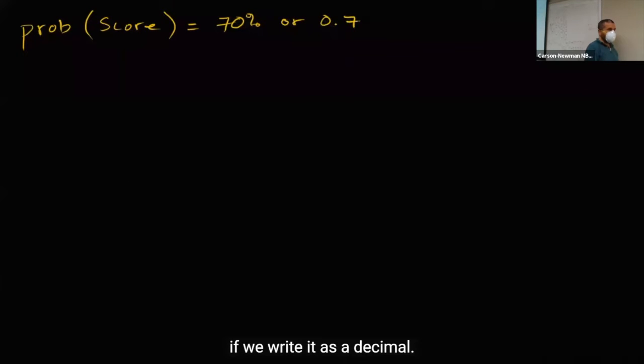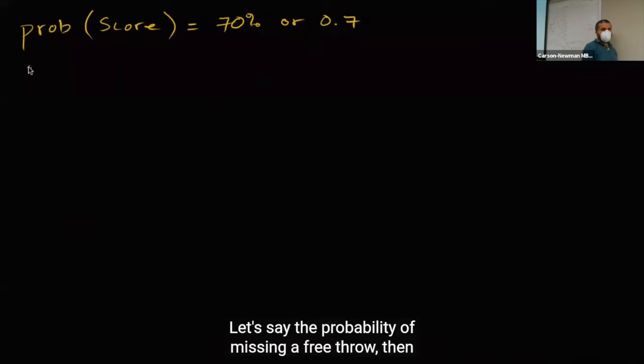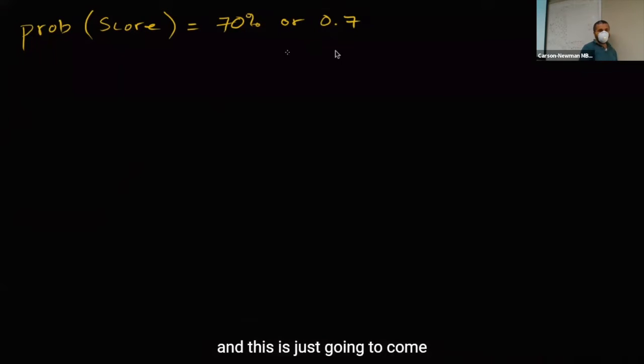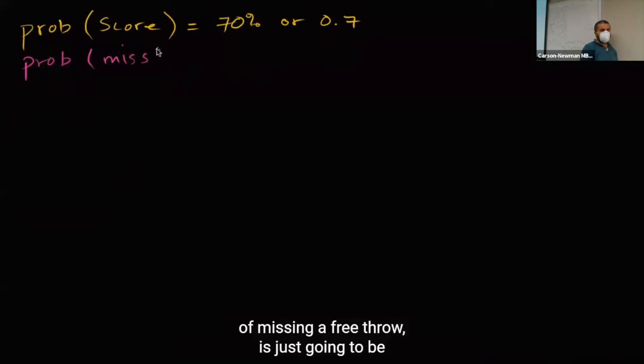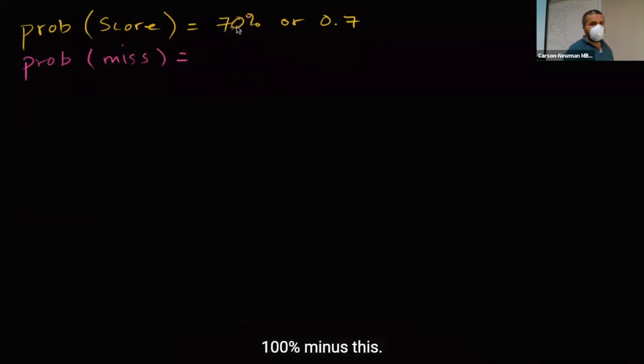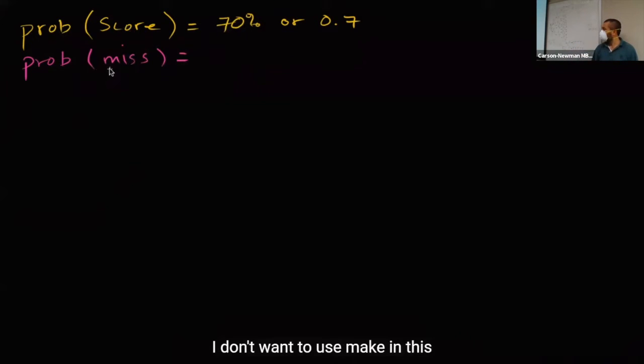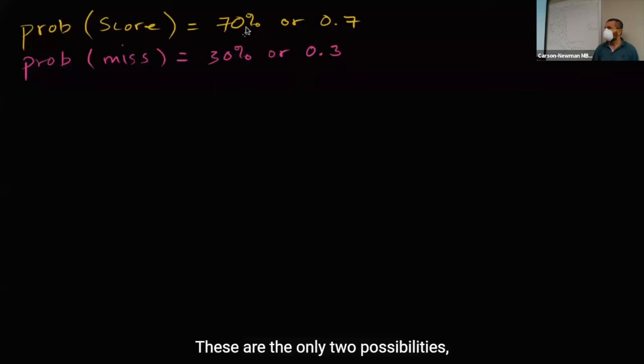And let's say the probability of missing the throw is just going to be 100% minus this. You're either going to make it or miss it. So this is going to be a 30% probability, or 0.3, which is 1 minus 0.7. These are the only two possibilities, so they have to add up to 100%, or to 1.